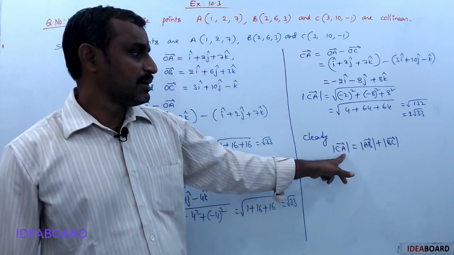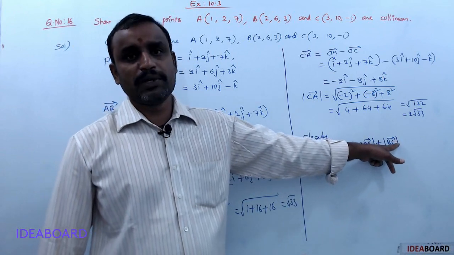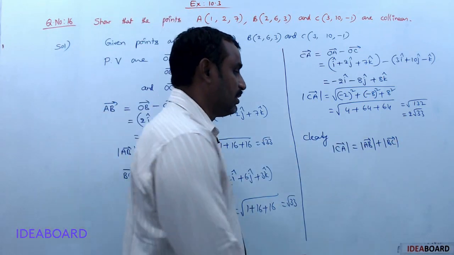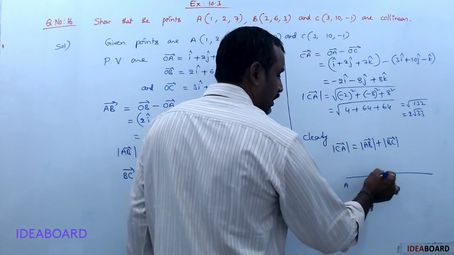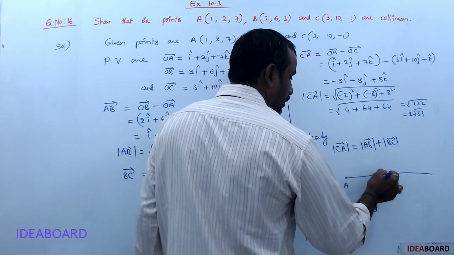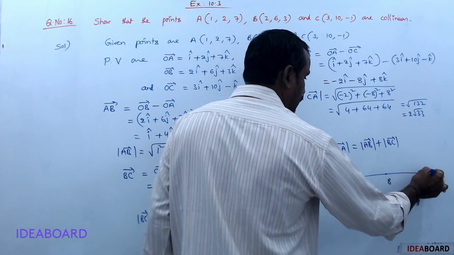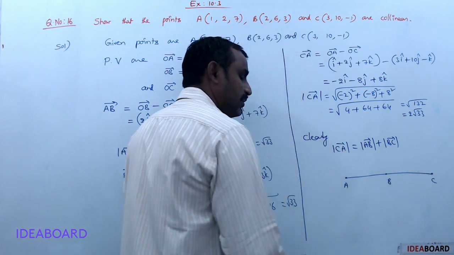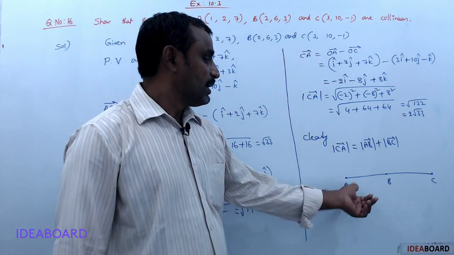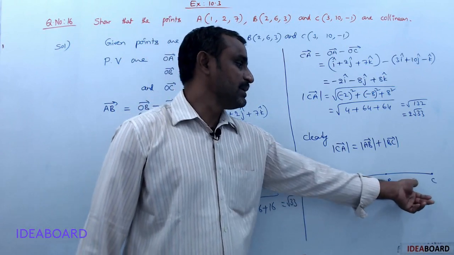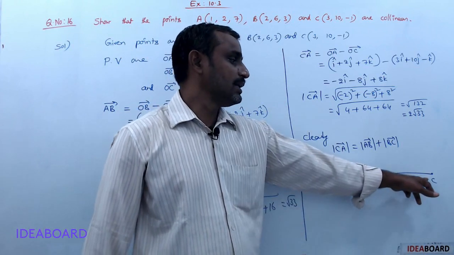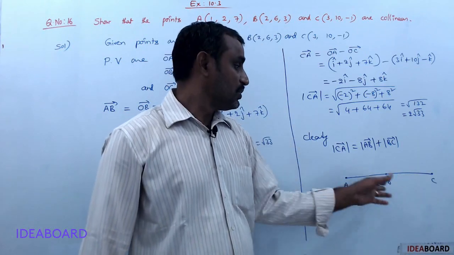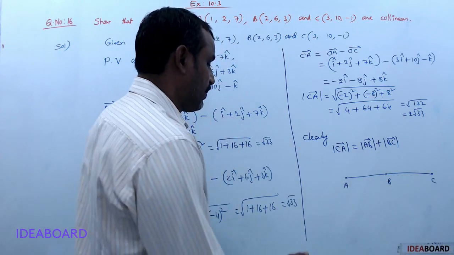So clearly the magnitude of CA bar is equal to the magnitude of AB bar plus the magnitude of BC bar. On the line segment, for the three points A, B and C, the AB length plus BC length is equal to the AC length.